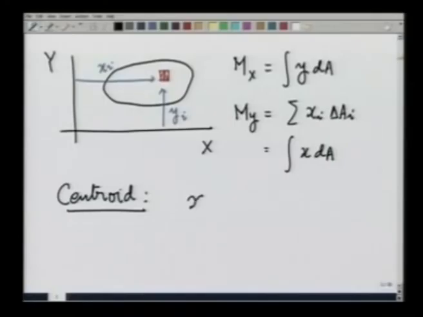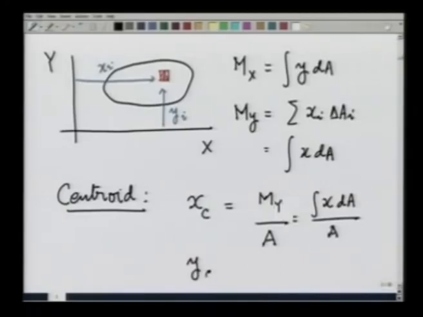The centroid x coordinate xc is defined as the first moment about the y axis divided by the total area, which is the integral of x dA divided by A, and similarly the y coordinate is defined as Mx divided by A, which is the integral of y dA divided by A. Now, let us do certain examples using these definitions to calculate these quantities.